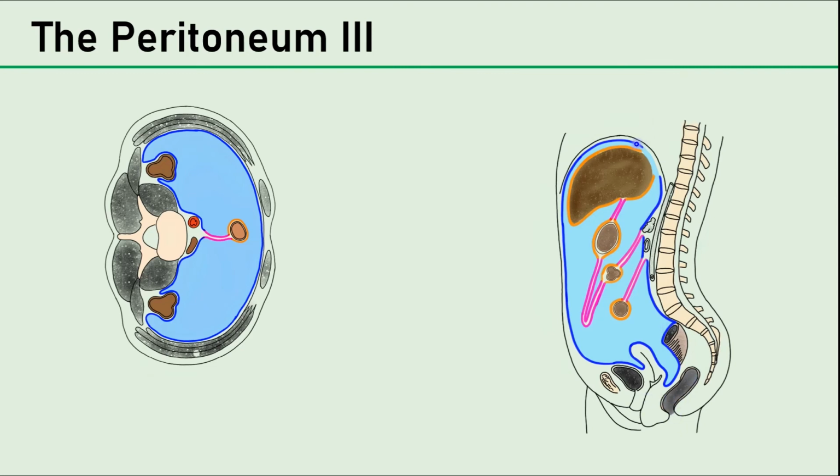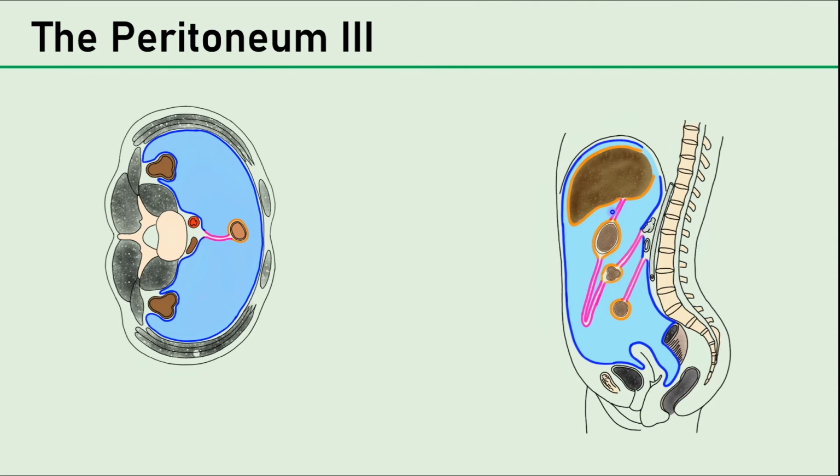So we have our parietal peritoneum, which is going throughout the whole of the abdominal cavity, sticking to the inside wall. And then we have our visceral peritoneum, which is the orange one that's in contact with each organ. Okay? And we have these stalks that are formed.